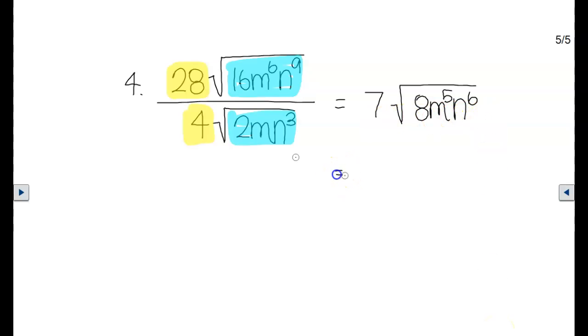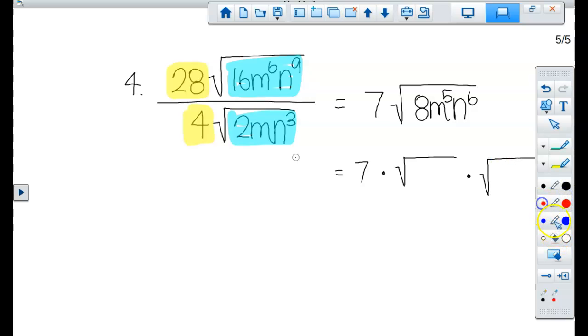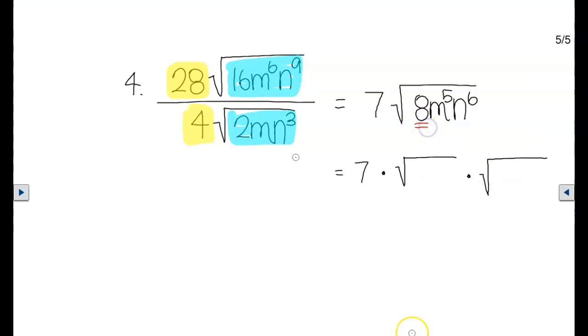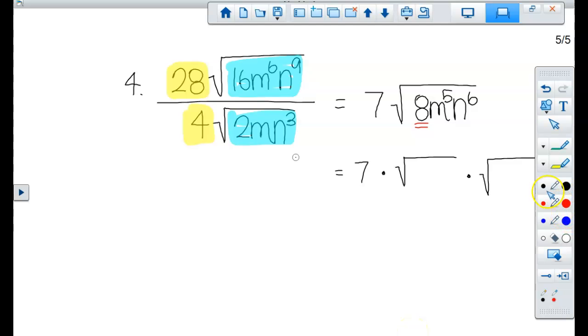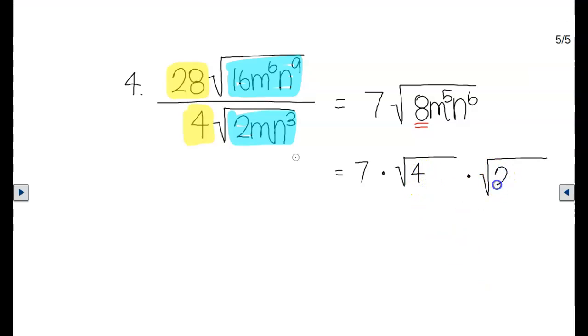Time to simplify that. So the square root has to be split into 2. And we begin our work with this 8. You need 2 numbers that will multiply to give you 8, and you want one of those to be a perfect square. 4 times 2 is the way that we should go with that.